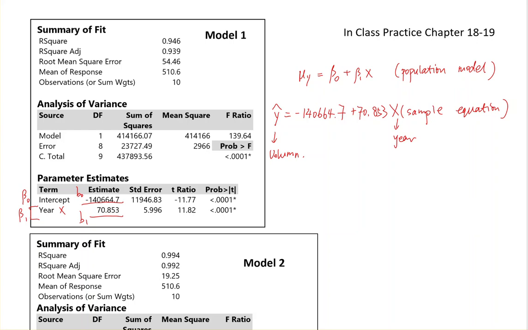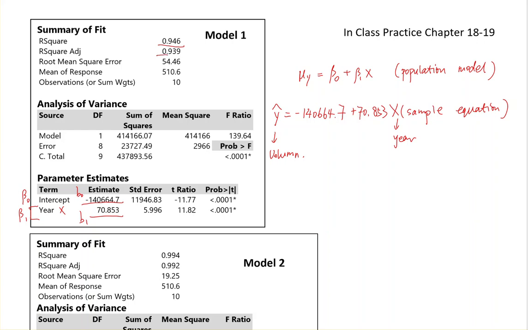All right, so we get a general idea about Model 1. Model 1 is a simple linear regression because we only have one explanatory variable x, which is the year. And then we have the R squared, which is 0.946, so it is pretty good.